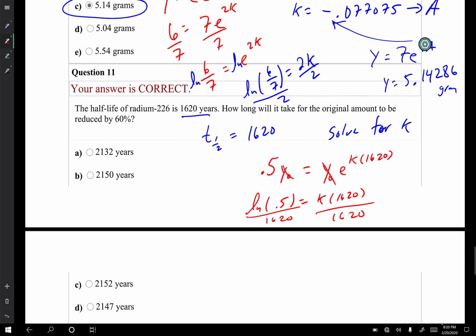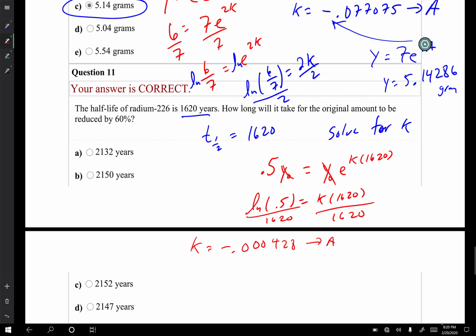So I get ln 0.5, which is the same thing as negative ln2, divided by 1620. I get negative 0.000428. I'm going to store that to A. So store alpha A. All right, so there it is.